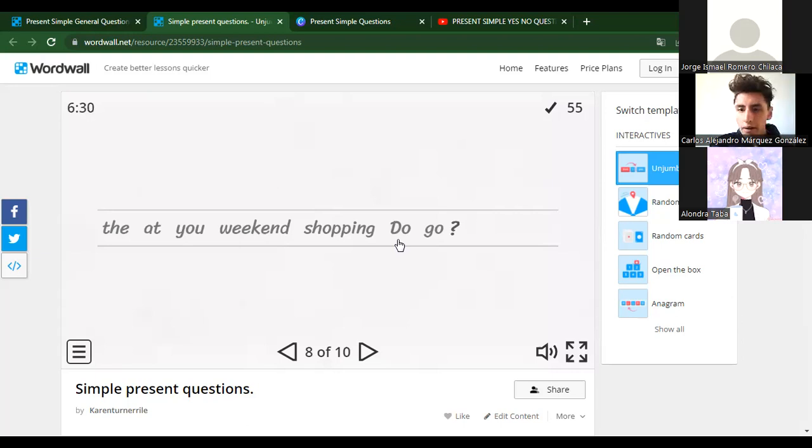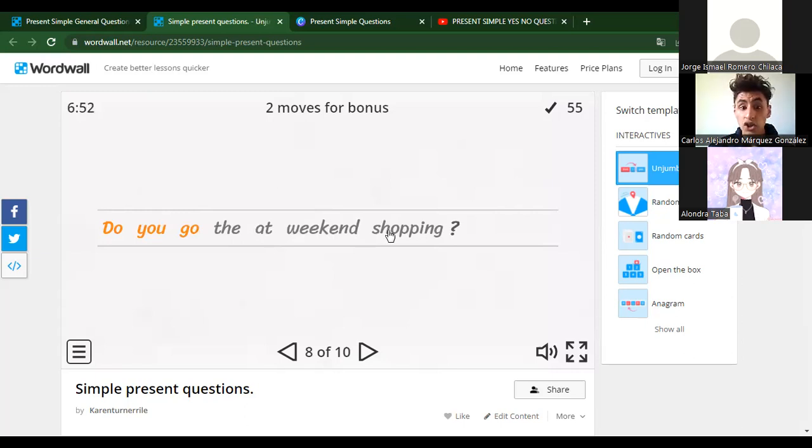If you struggle, first you have to identify those parts. What is the auxiliary? The auxiliary is do, okay? What is the subject pronoun? You is the subject pronoun. What is the verb? Go is the verb because it's the action, okay? And finally the complement, okay?